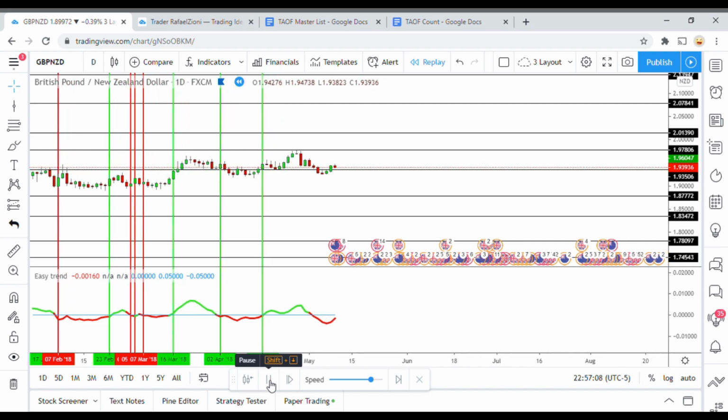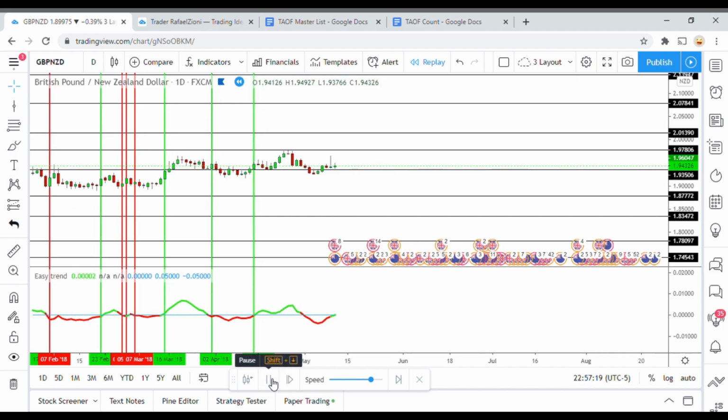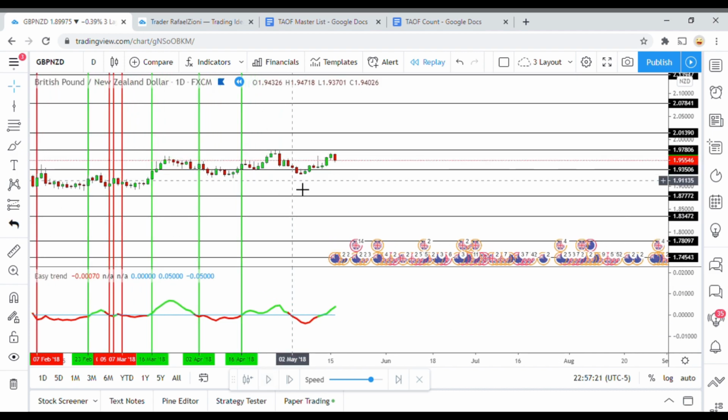Playing it out here. Price action really isn't doing much. It's just hovering right in this little area right here, kind of just holding on to these bands of structure.